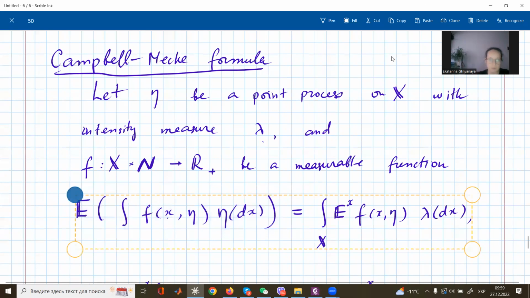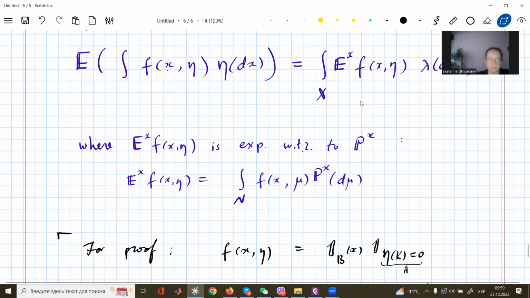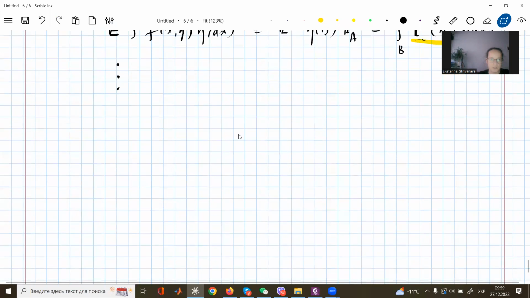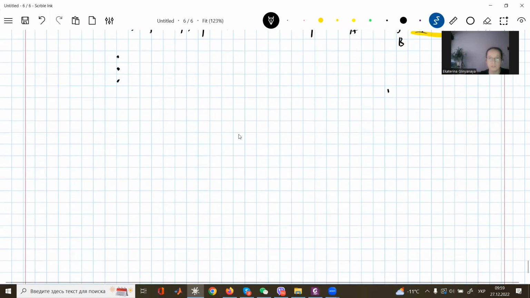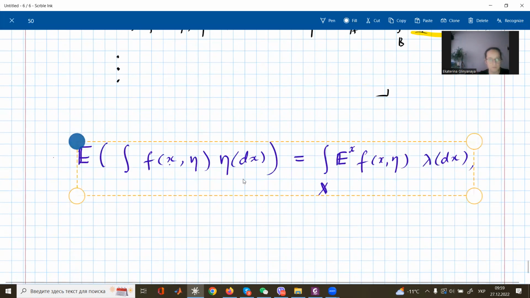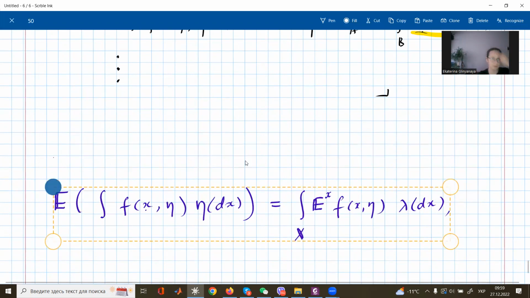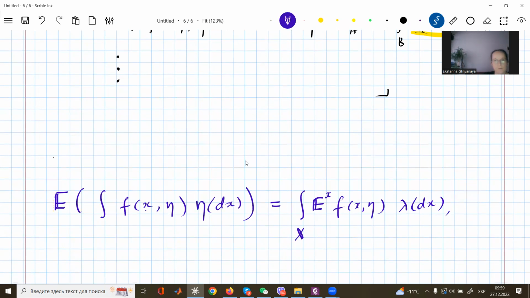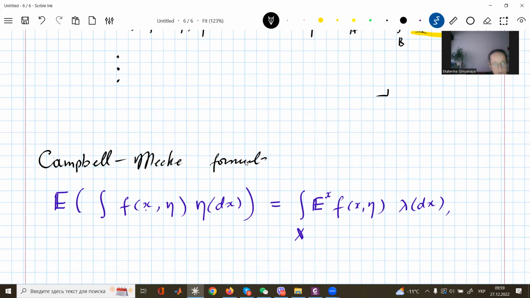So let me copy it, and what we already did. I want to compare this formula with the known Campbell formula and Mecke formula for a Poisson point process. So this is Campbell-Mecke formula.